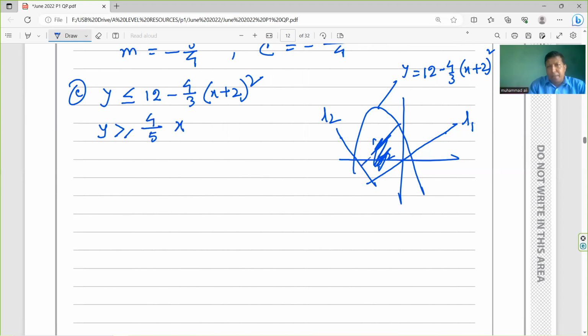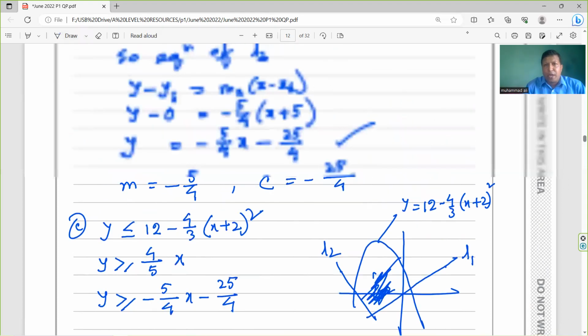And L2 upper side is also shaded, so we can write y greater than or equal to minus 5/4 x minus 25/4.